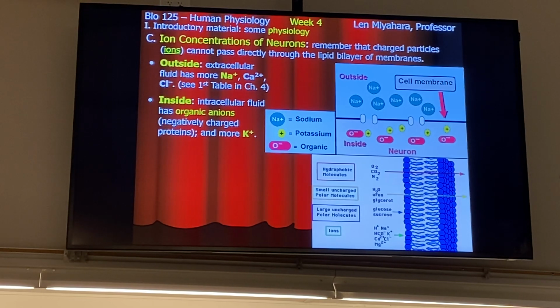So positively charged ions are called cations, and negatively charged ions are called anions, and proteins are one of them. There are many other ones, but that's what it's saying here. If you've got proteins in the cell, it's going to be more negatively charged.